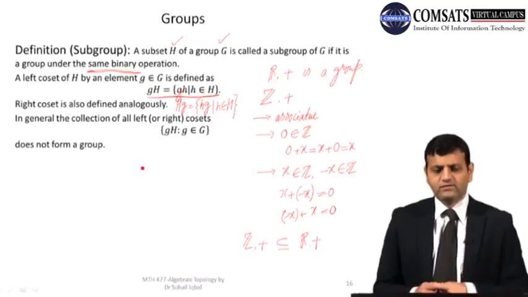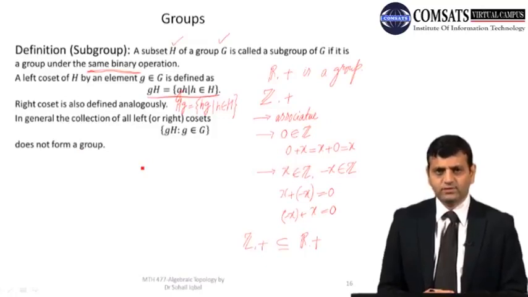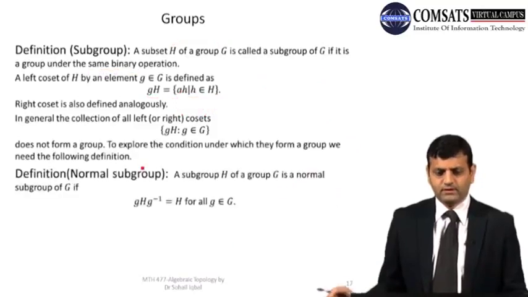So in general, the collection of all left or right cosets does not form a group, and there are conditions under which this collection of all left cosets or right cosets forms a group structure. That condition is called a normal subgroup.